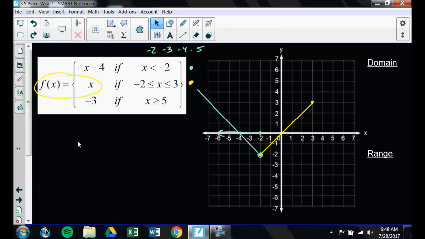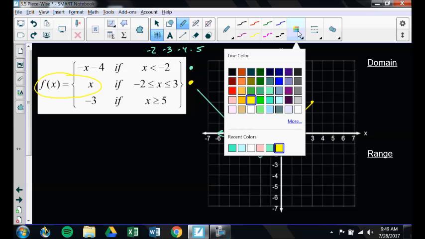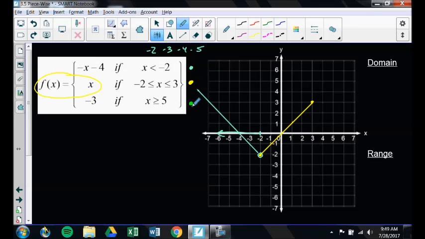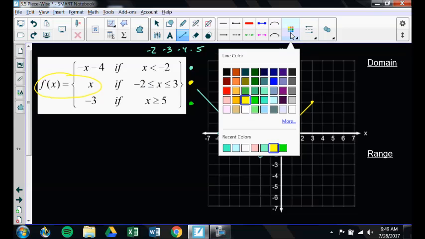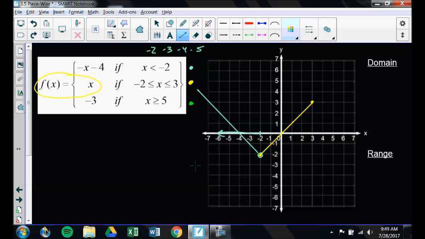There's my second piece. Third piece, y equals negative 3 if x is greater than or equal to 5. Well, y equals negative 3 is this. But this is only going to be happening if x is greater than or equal to 5.